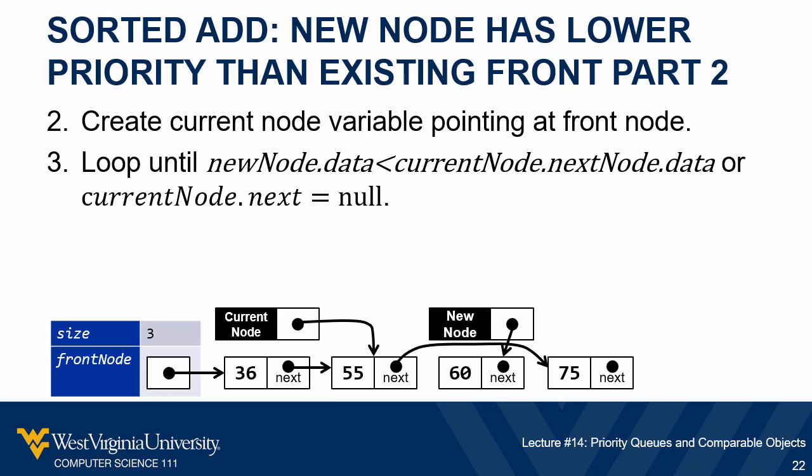So here in this example, our current node is 55, the node afterward is 75, and since we're trying to add 60, I know it's going to go in between those two.